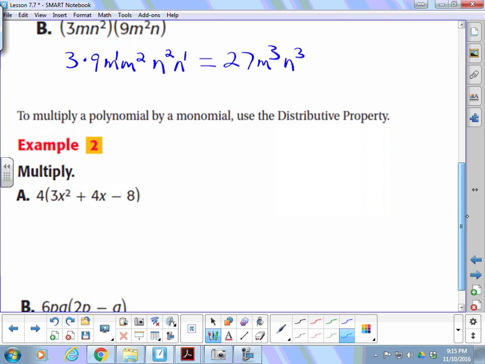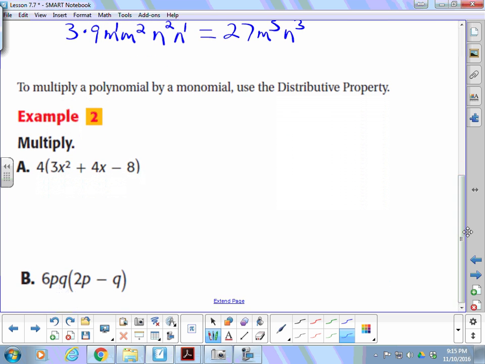So let's look at multiplying a monomial by a polynomial. Now we're going to use the distributive property for this. What the distributive property says is that we're going to multiply anything on the outside of the parentheses times everything on the inside. With this example here, 4 times the quantity 3x squared plus 4x minus 8, we are going to multiply 4 times 3x squared, then 4 times 4x, then 4 times negative 8.